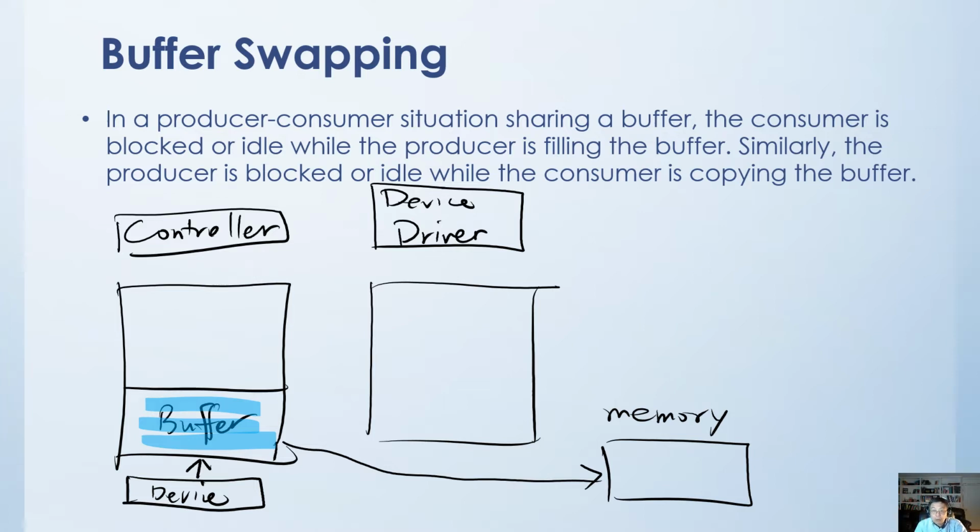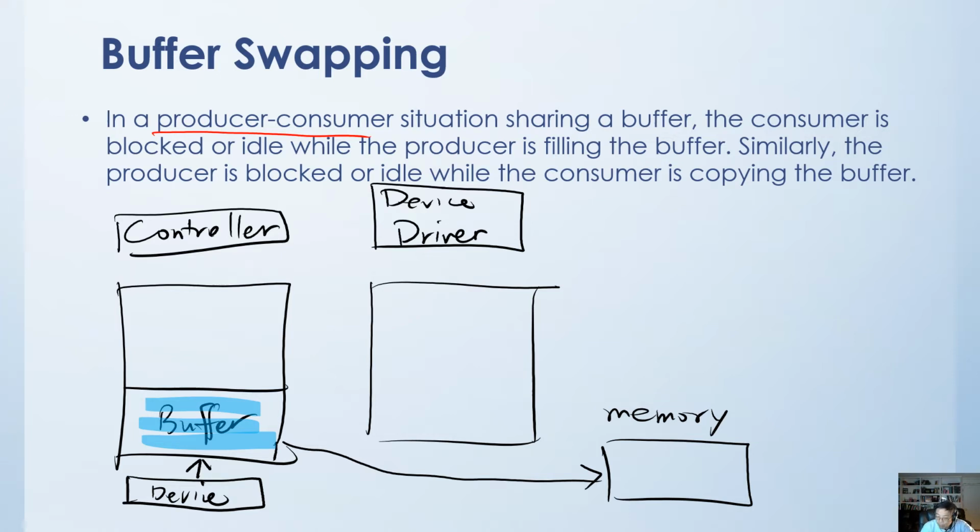Now, buffer swapping is a technique that allows the operation of a producer process and a consumer process to overlap by using two buffers.